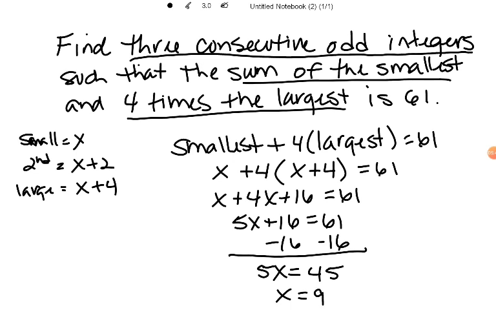So if x equals 9, then we have 11. And then our largest is 13. So the three consecutive numbers are 9, 11, and 13. So that was number 2.